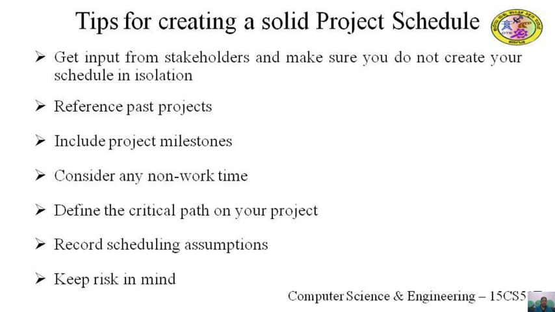You can record scheduling assumptions, writing down the logic behind your scheduling predictions. For example, if you assume it will only take 10 hours to complete a task because you are going to have a senior engineer, that way, if you end up with a junior engineer, you can understand and explain why it took twice as long as planned.